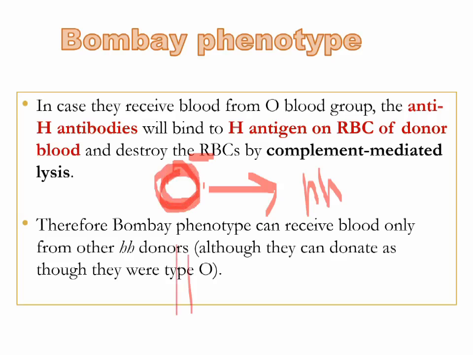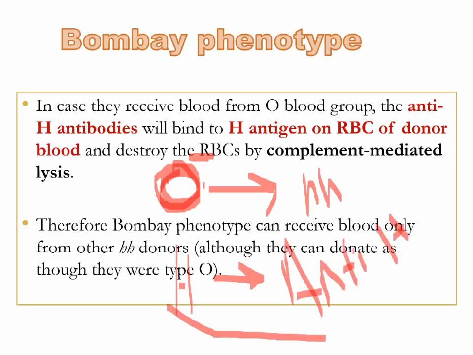Yes, there is the H antigen. And for the hh recipient, we look for the antibodies in the serum. Yes, there is anti-A, anti-B, and anti-H. So you will find that your universal donor, the O negative, cannot donate to the Bombay phenotype. The Bombay phenotype can only receive blood from a Bombay phenotype as well.